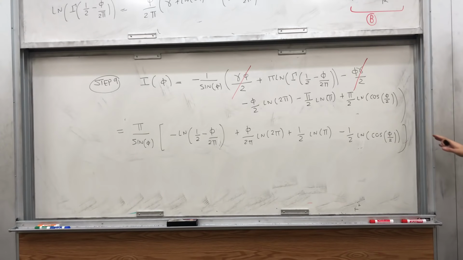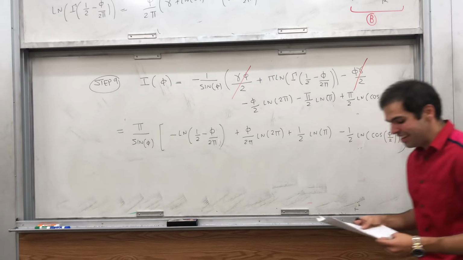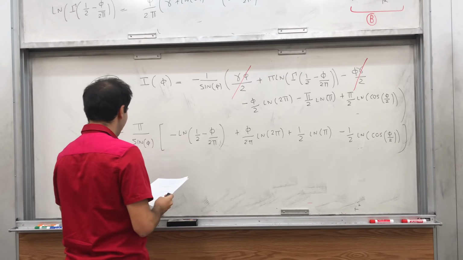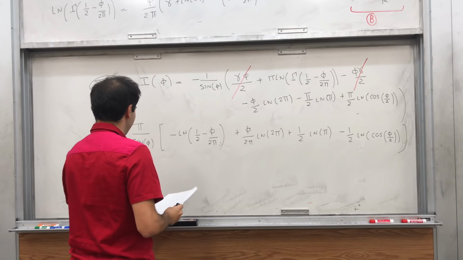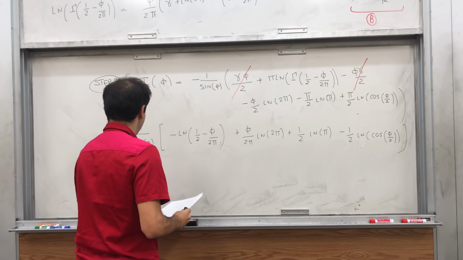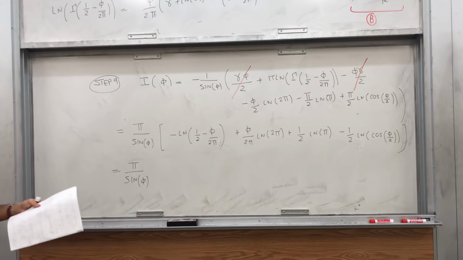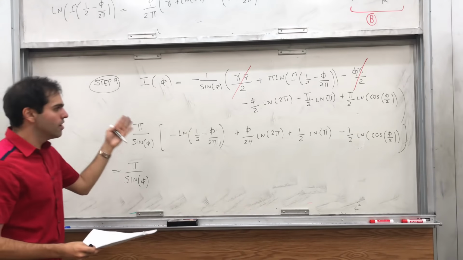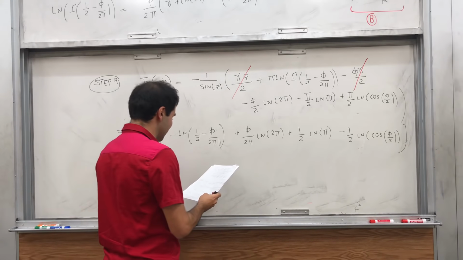And here's a nice thing. Everything involves ln's. So we can actually write this thing as a big ln. So like a family of ln's. So pi over sine of phi. And then if you do some algebra, you can write this as follows.